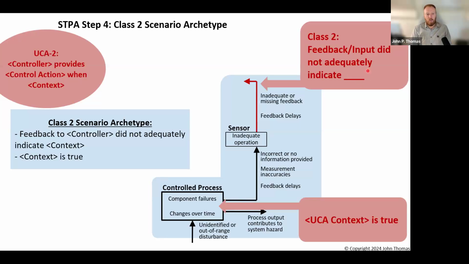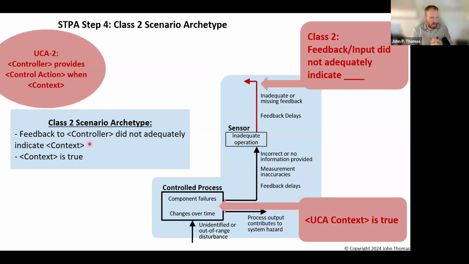Okay, so class two, we have some bad, unsafe feedback at the top being fed to the controller, and some UCA context is true, right? So we know there's some state of the process that doesn't match the feedback being fed to the controller in some way. That's the class two scenario archetype. Those are the two bullet points.